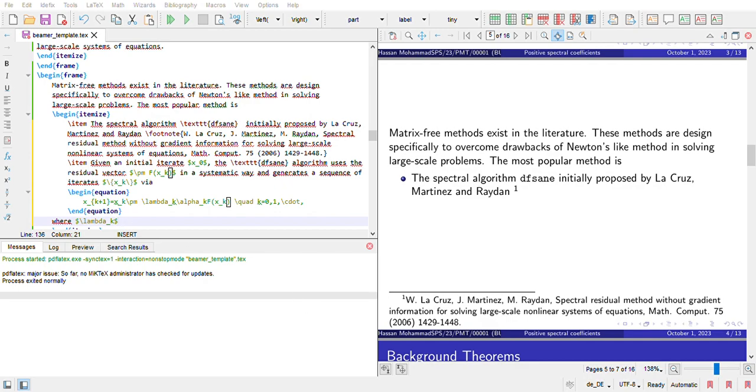Lambda_k greater than 0 is a step length, and alpha_k is a spectral coefficient.